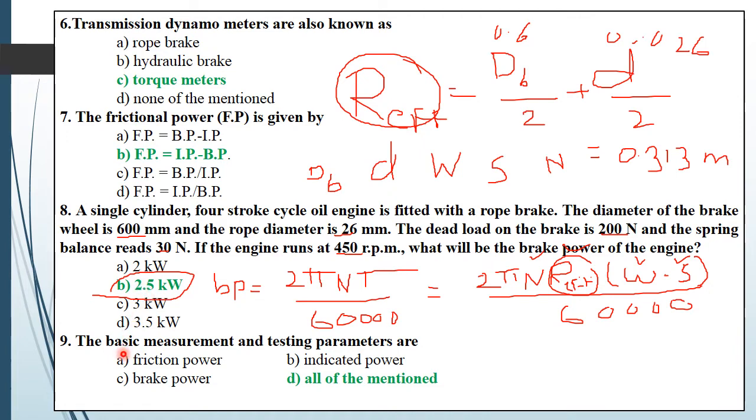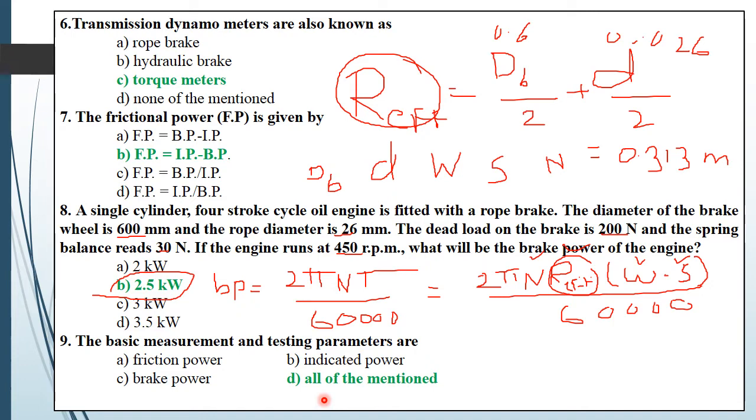Next, the basic measurement and testing parameters are: friction power, indicated power, brake power, all of the mentioned. The answer is all of the mentioned. As we know, there are different basic measurement and testing parameters, of which the power output is an important one.